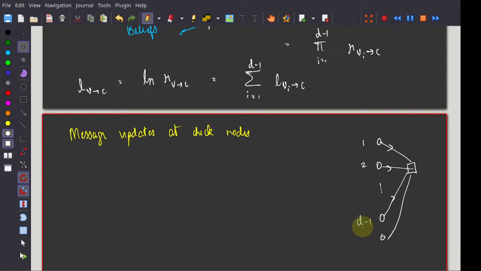And this is check node C, variable node V. Again, I'm using an abuse of notation because this d is going to be different from the other d, but just to make sure that I don't have too many subscripts and superscripts, I'm just keeping this d. But this d is not the same as the d I had previously.